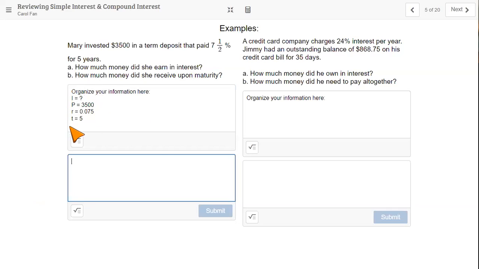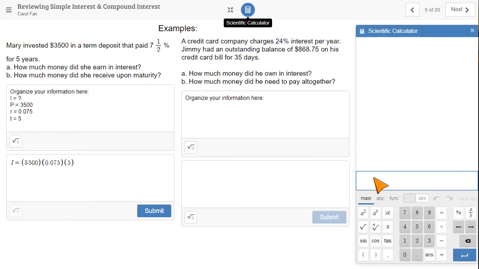Let's take this information and insert it into our equation now. How much money did she earn in interest? Interest is equal to 3,500 times 0.075 times 5. Okay, we pull out the calculator. 3,500 times 0.075 times 5.